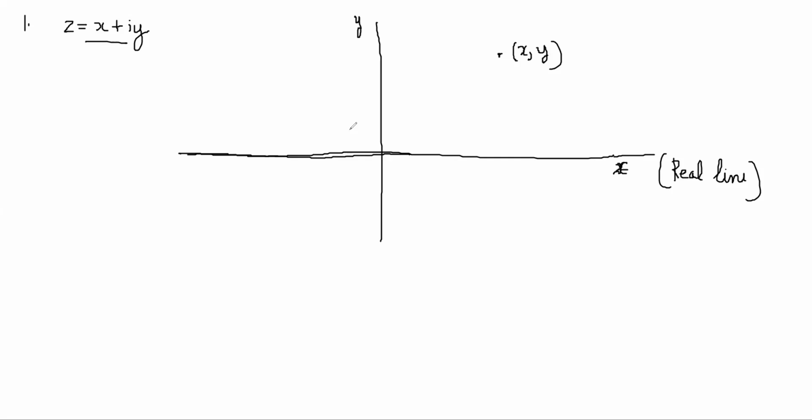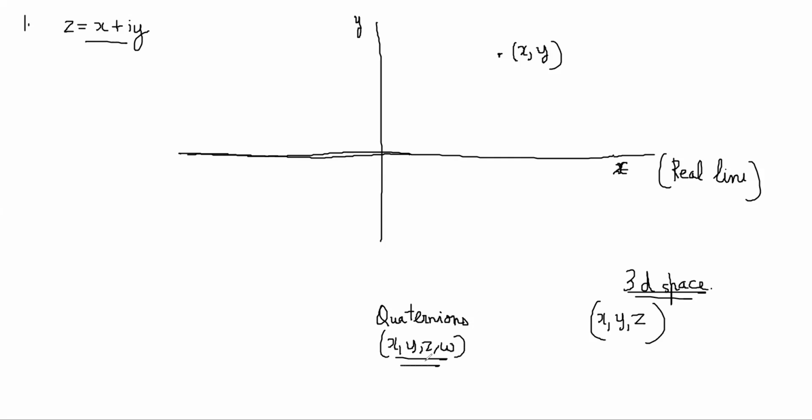So you can cover everything in the plane using complex numbers, right? If we define some new number which has a triple, then that would cover 3D space, right? So if you want, you could define a new number called xyz that will represent everything in 3D space. Actually, there are numbers called quaternions, which are 4D in nature, so you'll have x, y, z, w, right?